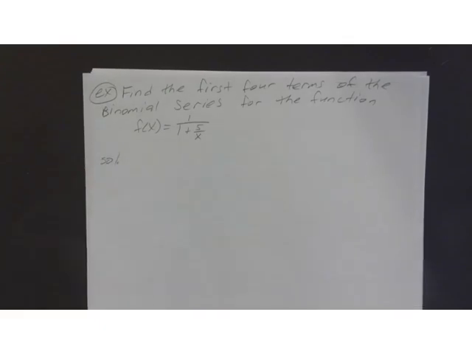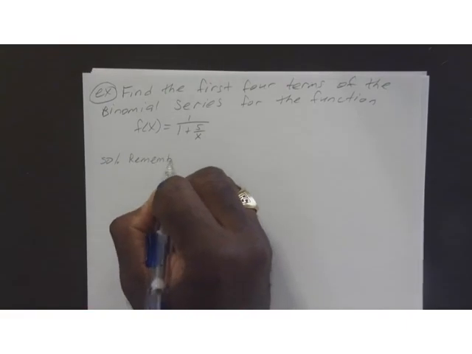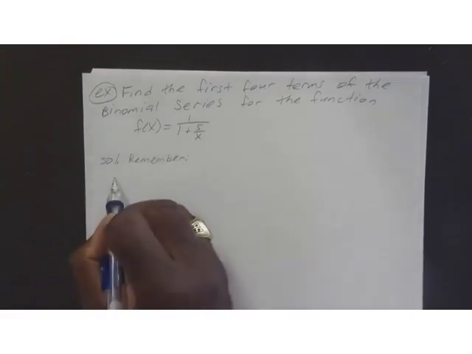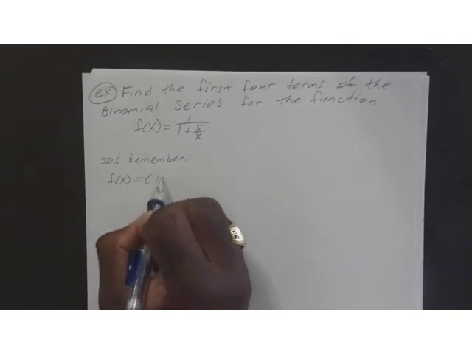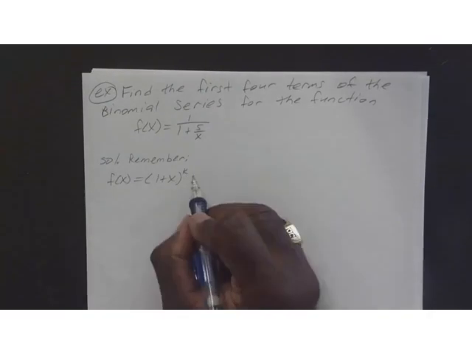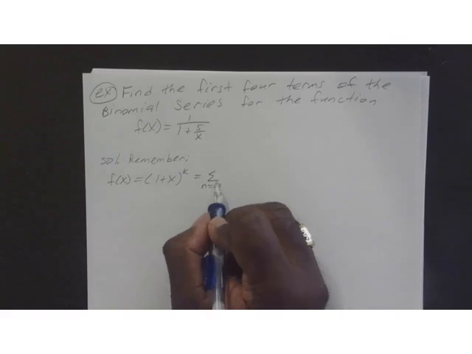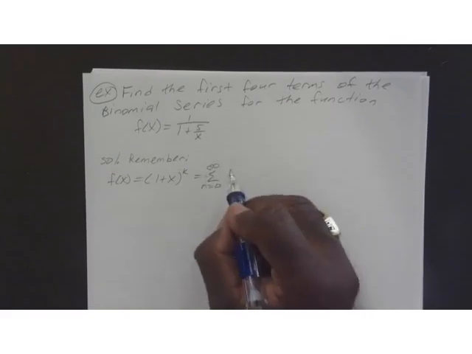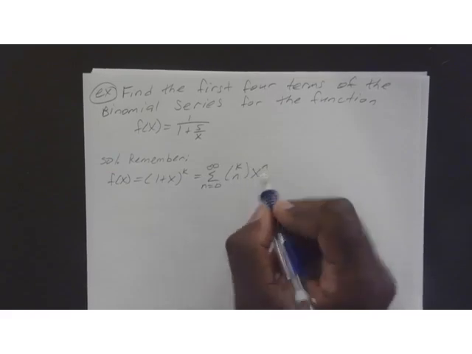Okay. So if you remember, we have f of x equals 1 plus x to the power of k, and we know we can rewrite that as the sum from n equals 0 to infinity of our coefficient times x to the power of n.